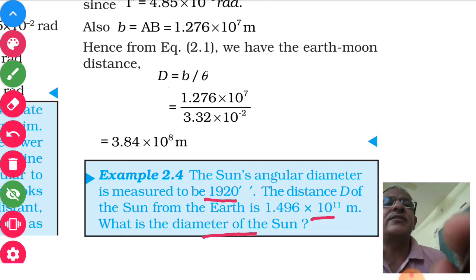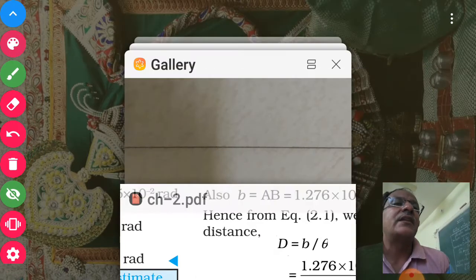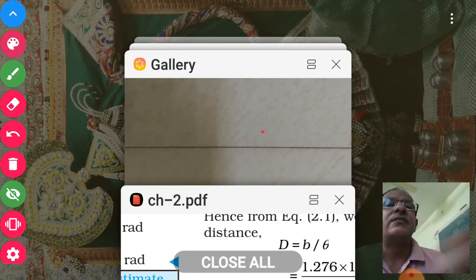Yesterday we discussed about this also. Say for example, you have the sun in front of the earth like this. Say this is the sun and you are here on the earth somewhere.